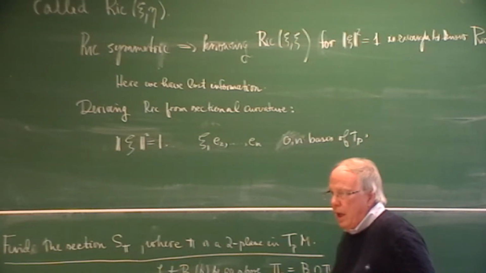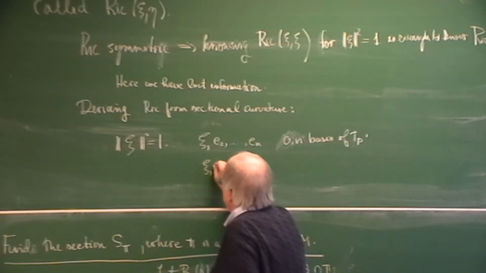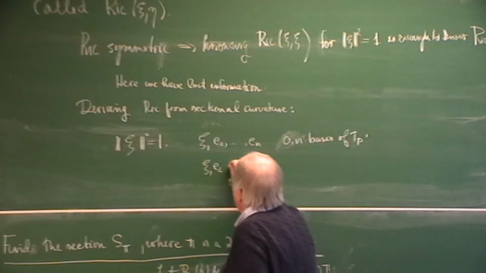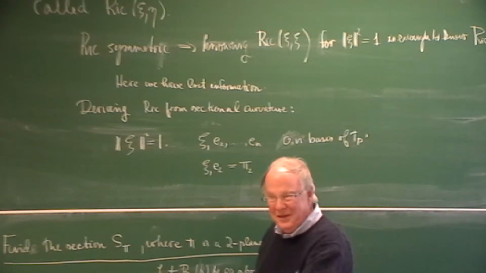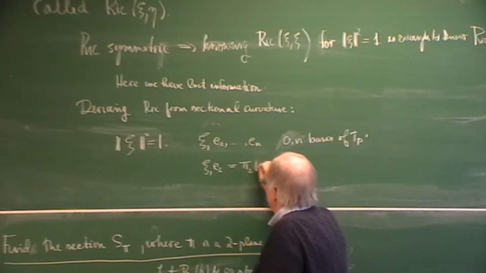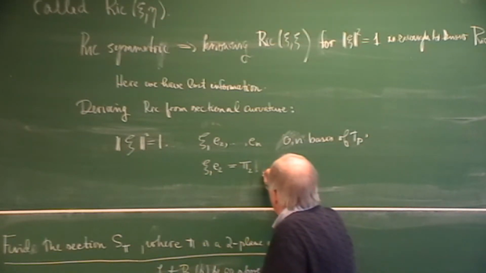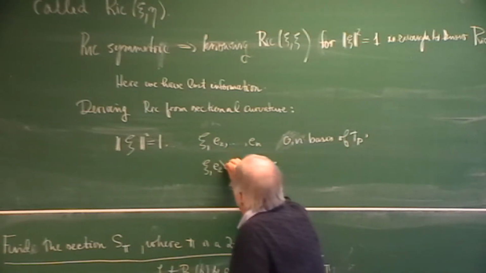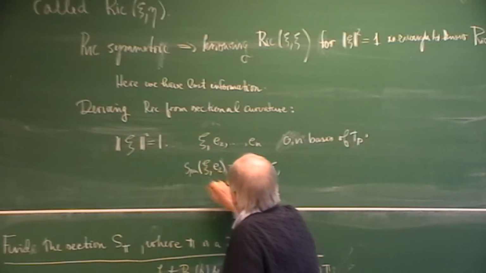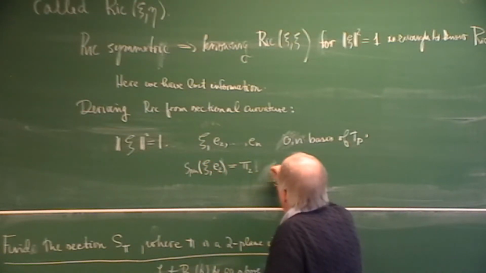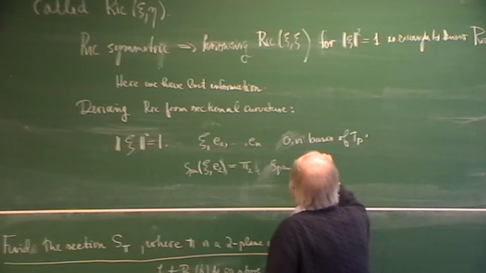Now, if you have C and E2, you get a plane. Maybe I'll call this plane P2. And then I take the span of C and E3.